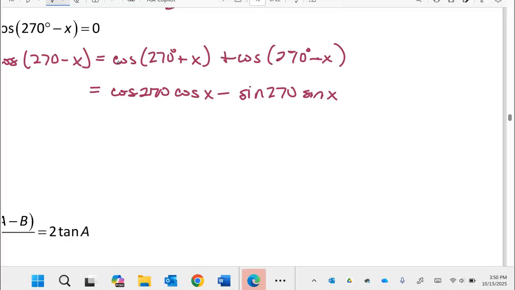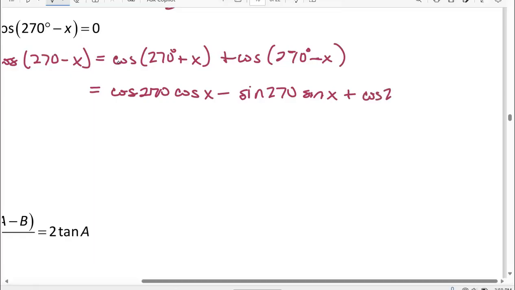And then the second expression, cosine 270 minus x, is cosine 270 cosine x plus sine of 270 sine of x.